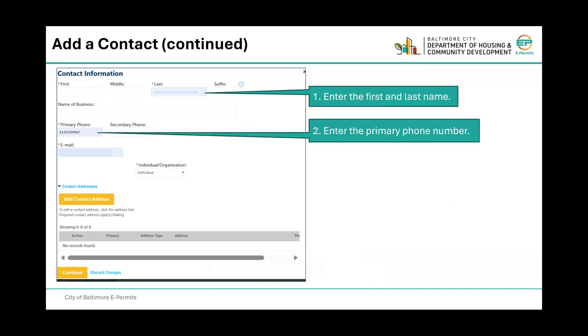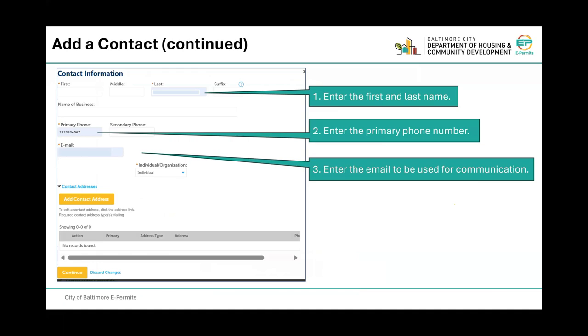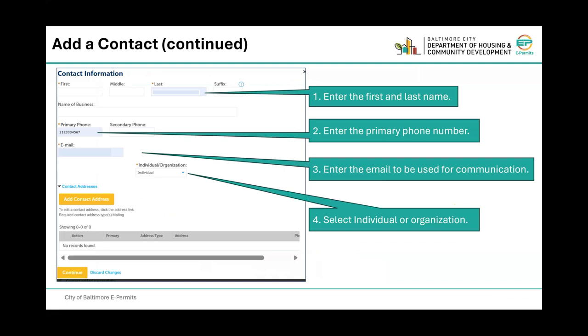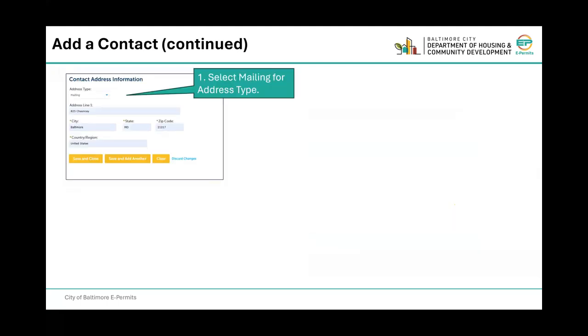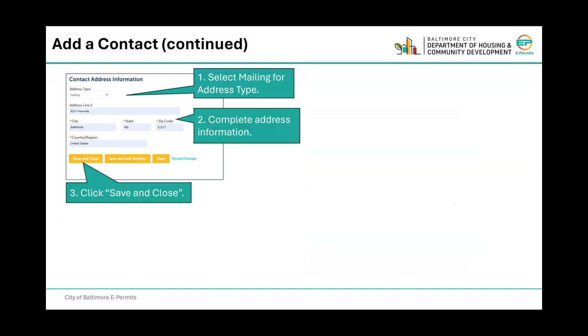Enter the first and last name. Enter the primary phone number. The email to be used for communication. Select individual or organization. Select add contact address. Select mailing for address type. Complete address information.